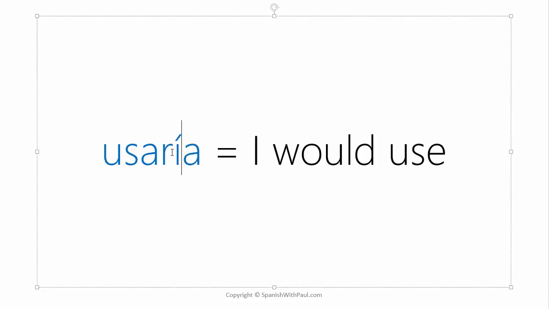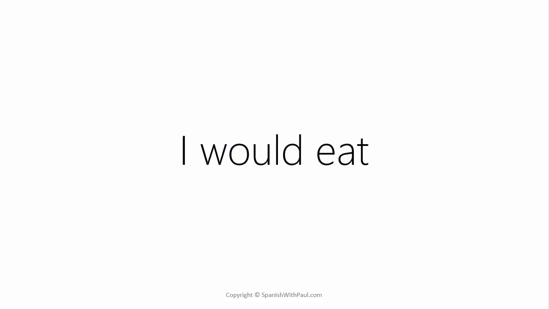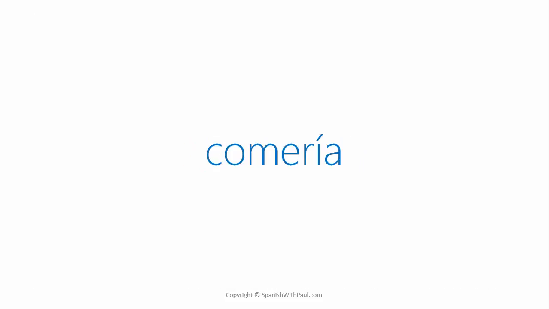Again, you can hear me stressing this accent over the I, usaría. What about this one? We have comer, to eat. So if we wanted to express something like I would eat, again, you take comer, and to that infinitive, you're adding the ia, and the sound that you get is comería.